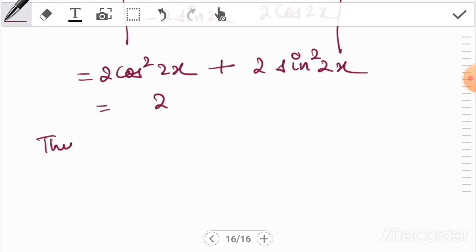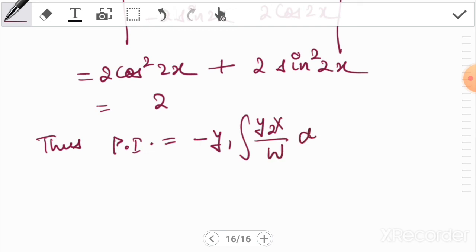Thus PI is equal to minus y1 integral y2 X by w dx plus y2 integral y1 X by w dx.